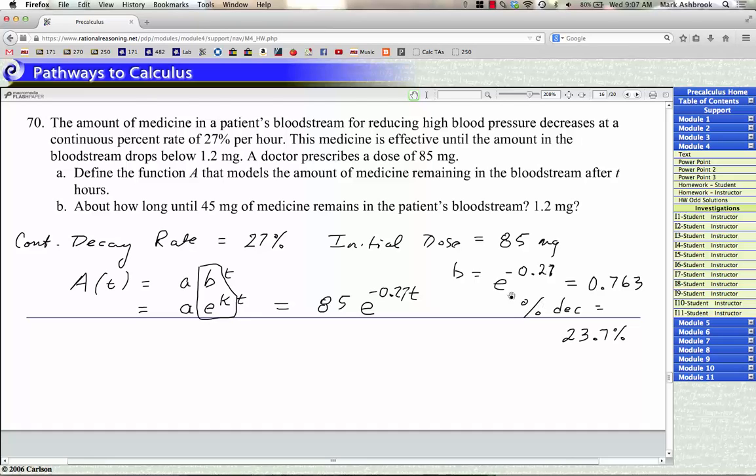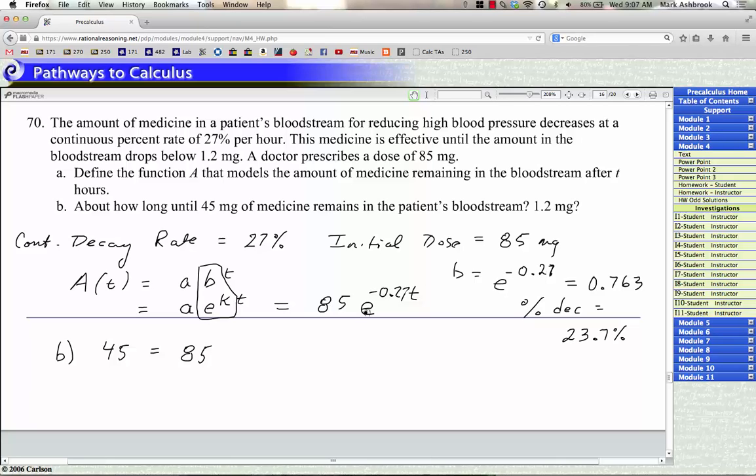They didn't ask for that, but it's an important thing to work through, understand, and be able to do. Part B says, how long until 45 remains in the patient's bloodstream? So 45 milligrams: input or output? Amount of the drug is output. So it's going to be 45 equals 85 times... We could do it either way.